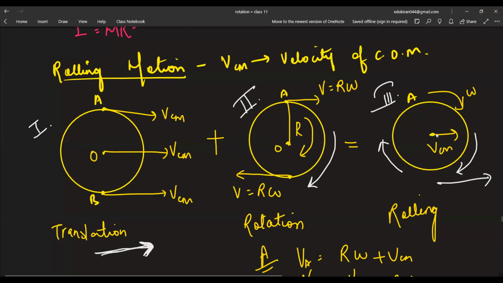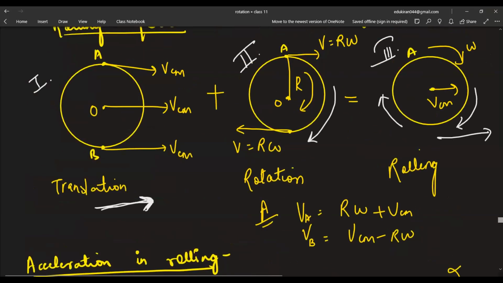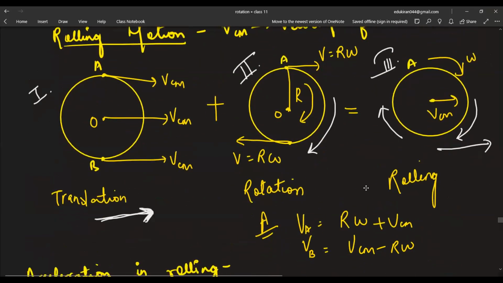Here also both things will be combined. So look here, class, at figure A, point A. The velocity of the center of mass in translation is V, and in rotation it is R omega. So in rolling, it will be VCM plus R omega. If you look at point B, in translation it is still VCM.